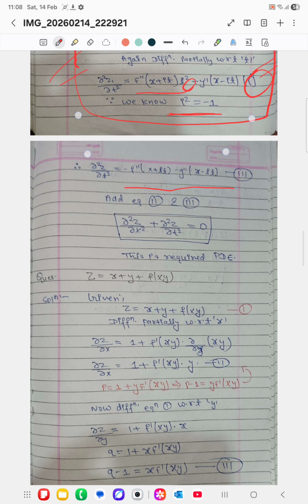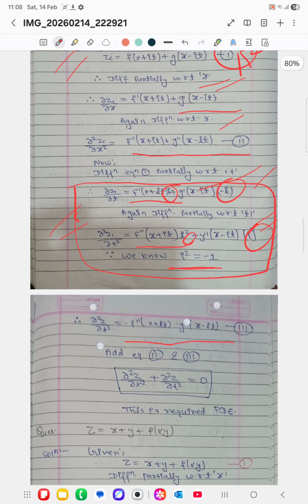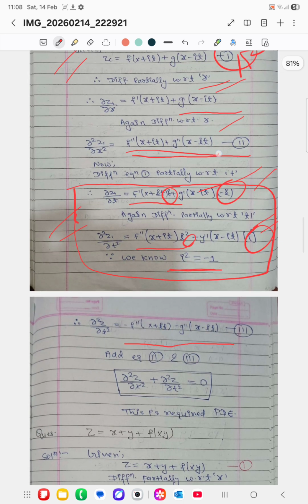From here, by adding equations second and third, the terms cancel each other, and finally our equation becomes del square z by del x square plus del square z by del t square equals 0. So that is the required PDE.